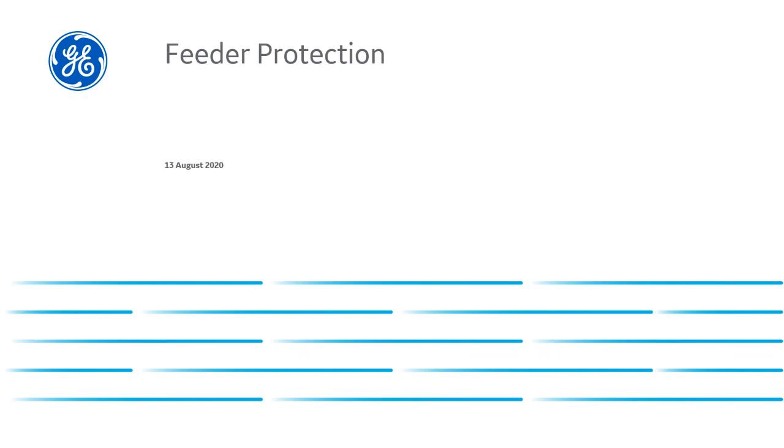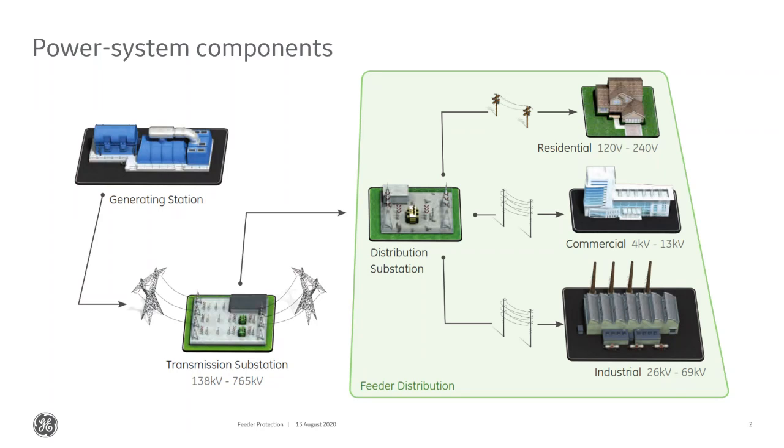Before we jump right into the presentation, a brief review of our power system components and which components we're going to be focusing on in today's seminar. First of all, everything gets started at the generating station. This is where we generate, whether converting fossil fuel to energy, or renewables like wind and solar, using a generator to convert it to power. Then we use our transmission system to reduce the losses when we transmit that power.